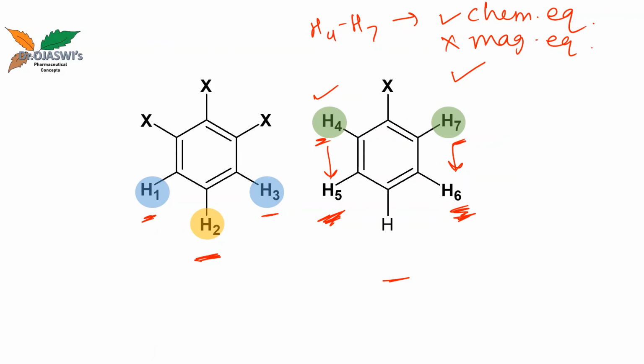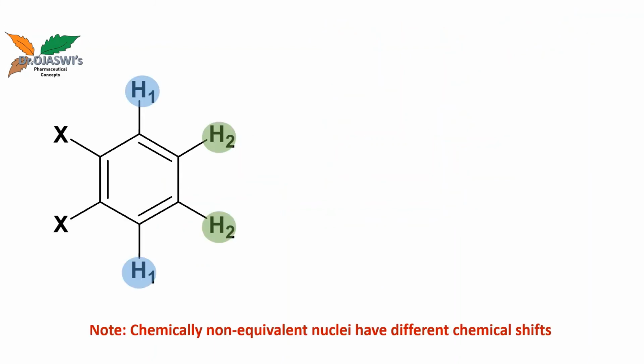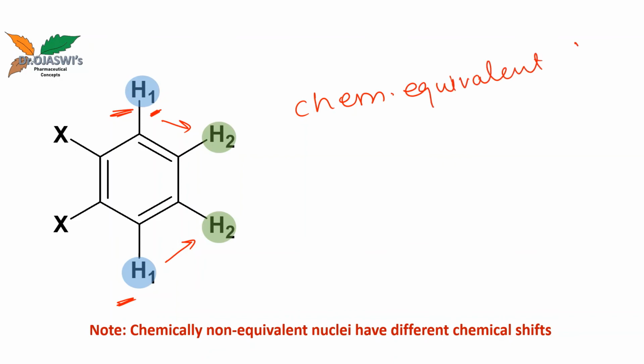Let us see one more example. Now here, this H1 is coupling with H2, and this H1 is coupling with this H2. Again, this H1 and this H1 are both chemically equivalent, by symmetry.